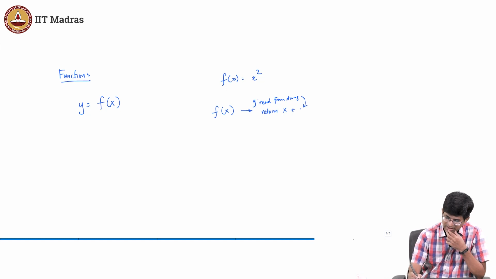So, supposing I get something t, this is x plus t, and write x plus t back to storage.